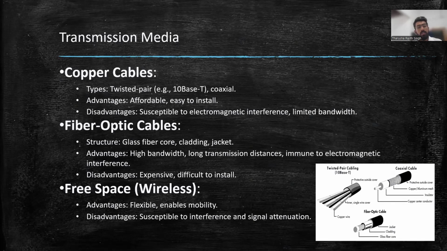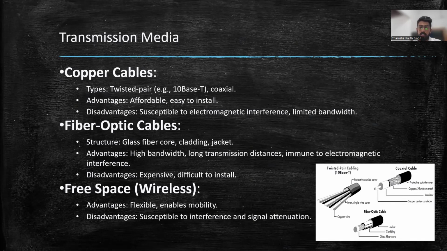Okay, fiber optic cables use light to transmit data, offering significantly higher bandwidth and a longer transmission distance compared to copper cables. The structure is a glass fiber core surrounded by cladding and a protective jacket.